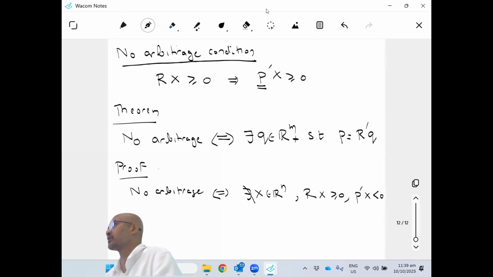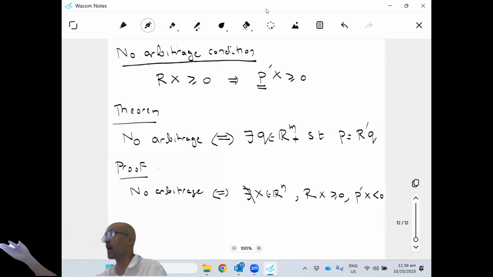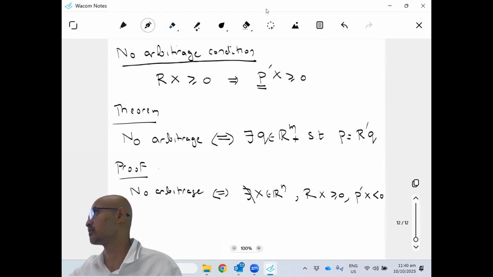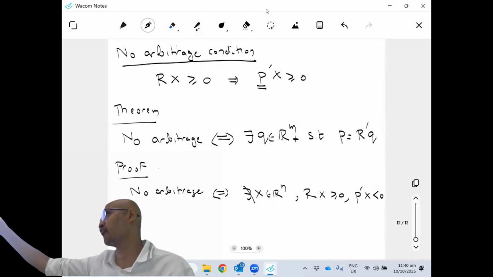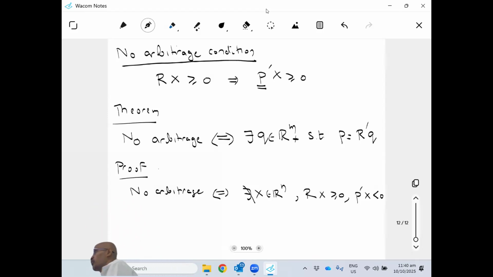I actually get money for forming the portfolio. If you give me money to form the portfolio today and I'm getting non-negative payoffs tomorrow, I will arbitrage you out of this, right? I'll make an infinite amount of money. Because in the future, I'm guaranteed non-negative payoffs, and today I'm paying a negative price, which means you're actually paying me to form the portfolio.